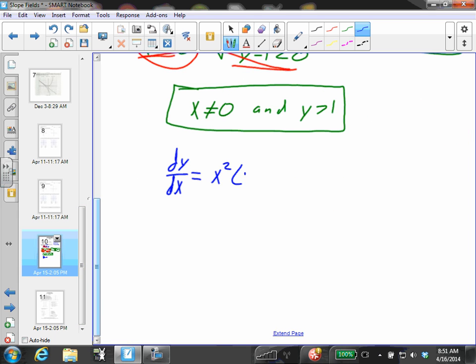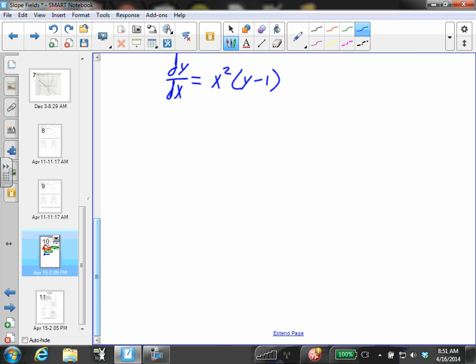And I'm going to use separation of variables here, right? So using separation of variables, I'm going to multiply by dx on both sides, and those will cancel, and so dy is equal to x squared times y minus 1 dx.